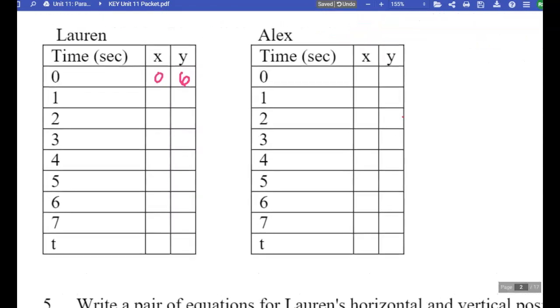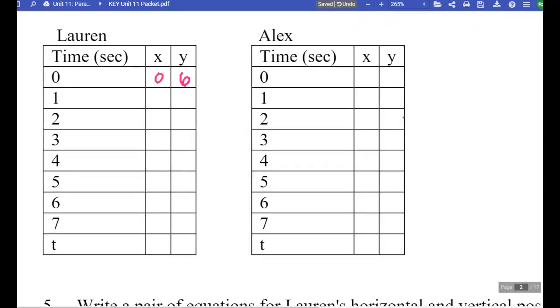So at time 1, where should she be? If she's traveling horizontally, that's our x values. Right. We increase x by 1, and our y value stays the same. Actually, our y value will always stay the same. And our x value increases by 1 each time.